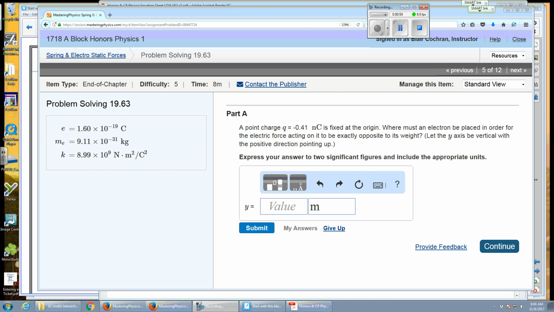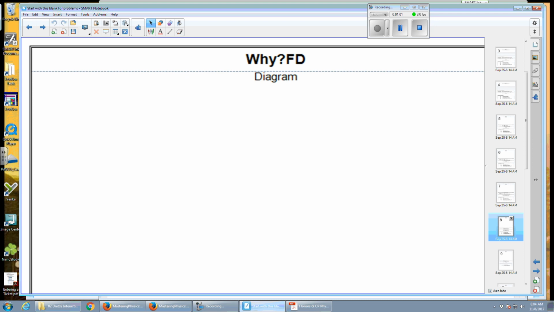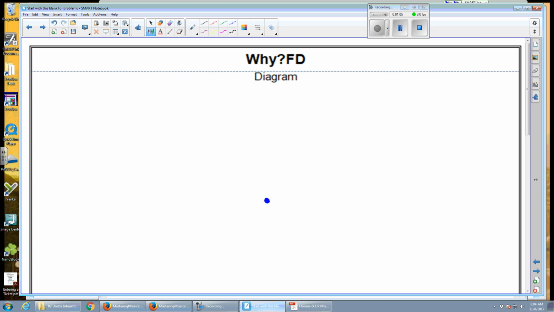All right, so I'm going to place my charge here, and I'm just going to label it as negative. And then the weight, the gravitational force on the electron, is going to pull it towards the center of the Earth.